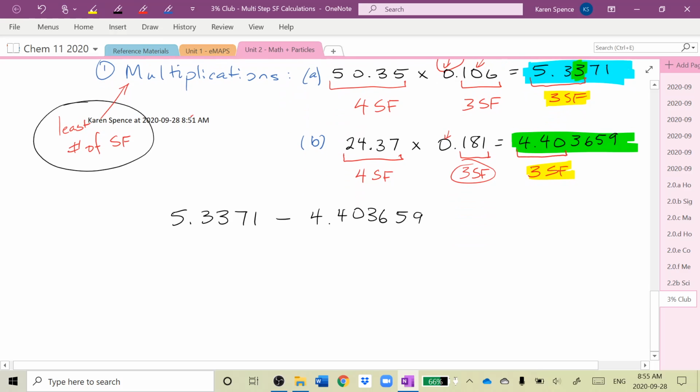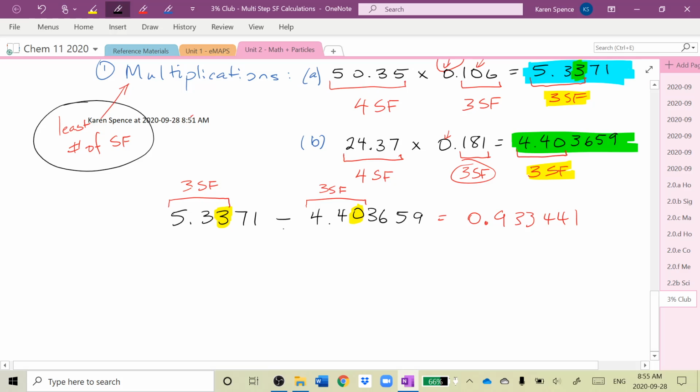Okay, so that's my blue thing minus my green thing. And remember, I'm keeping track of my uncertain digit, and I'm keeping track of the fact that I have 3 sig figs and I have 3 sig figs. I plug this into the calculator, do my subtraction, because that's next, and we get 0.933441.